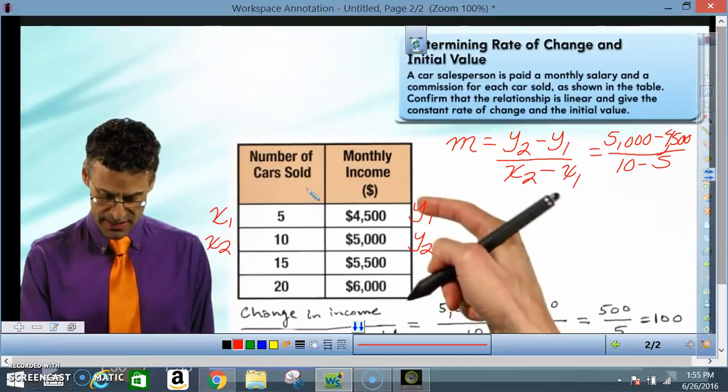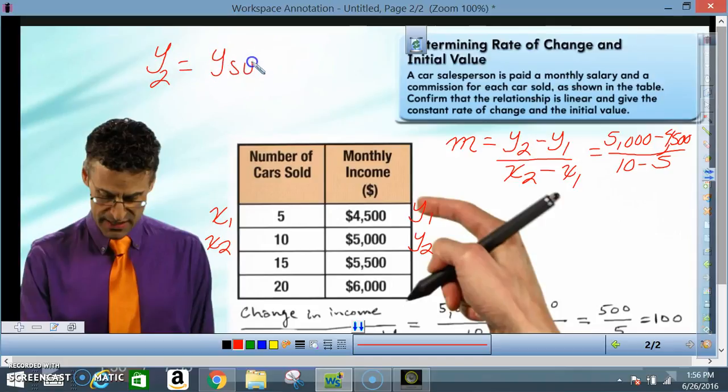All right, now let's pay close attention to what he just did. Notice, all we're saying is this is y2, that's y1. This is x2, and this is x1. Now that's important because of our slope formula. M is equal to y sub 2 minus y sub 1 over x sub 2 minus x sub 1. The term I'm using there is sub.